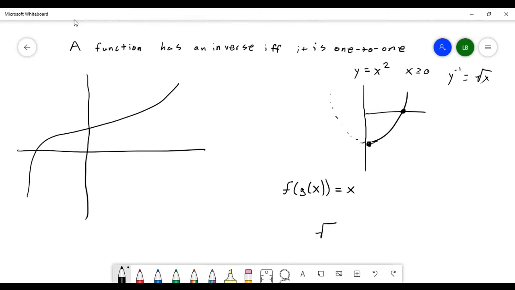And then we could see the square root of x squared would give us just x. But since we can't have the square root of some negative x squared, that's why we can't have a true inverse, because the square root of a negative number doesn't necessarily exist.